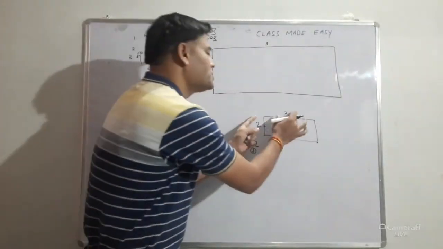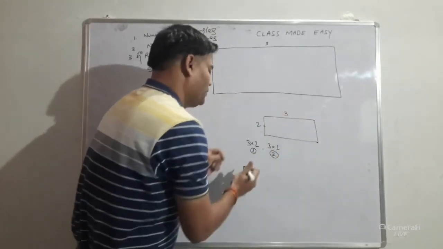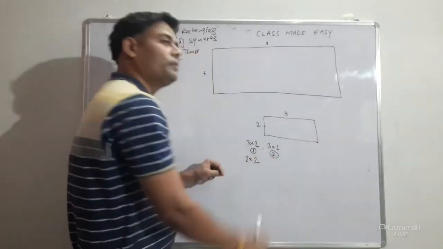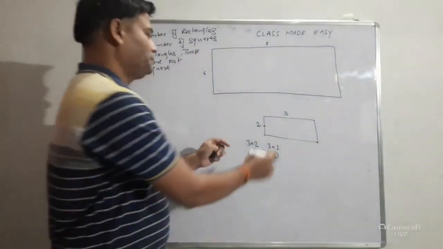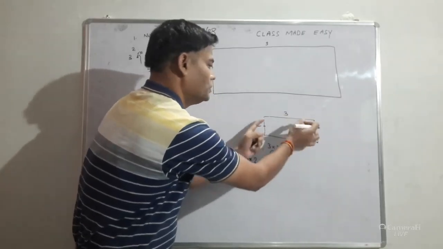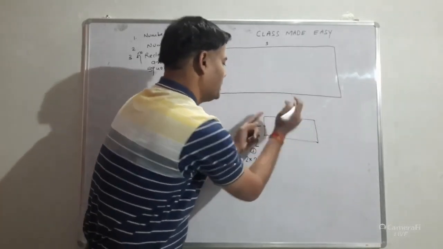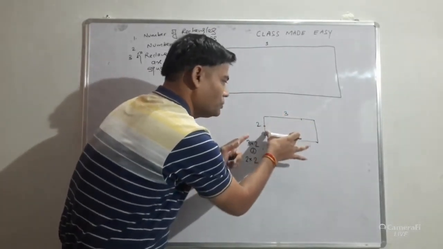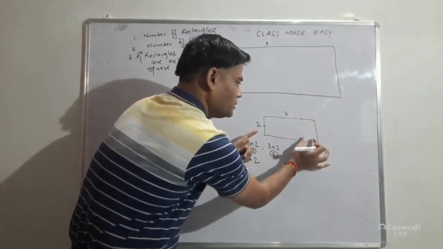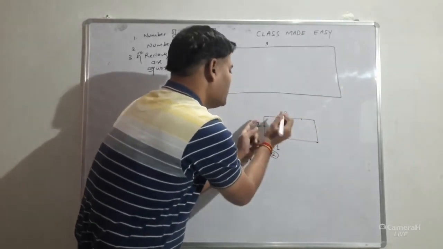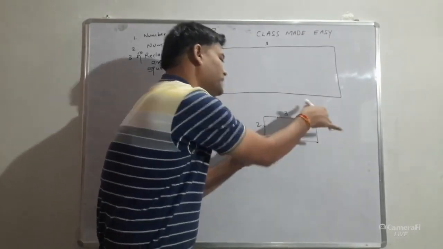Now I will reduce this length 3. If you take 2 by 2, see, this is 2 and this is also 2. If you leave this part, it is also 2 by 2.